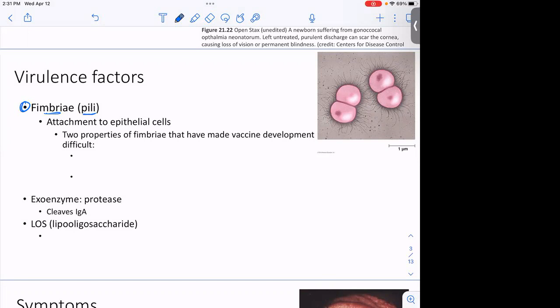Okay, and there's two very interesting properties these fimbriae or pili have that make them successful in evading our immune system. They can do something called antigenic variation. And that just means that the composition of the fimbrial proteins changes.